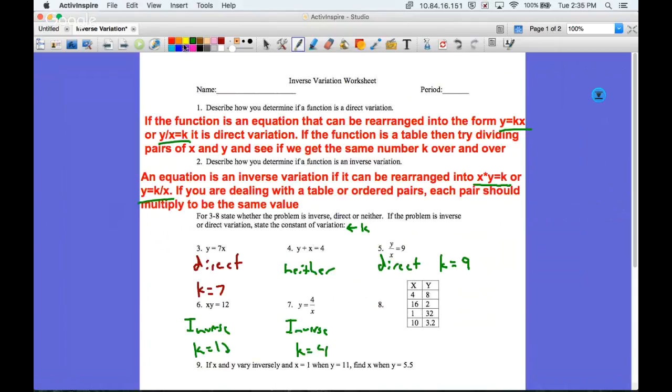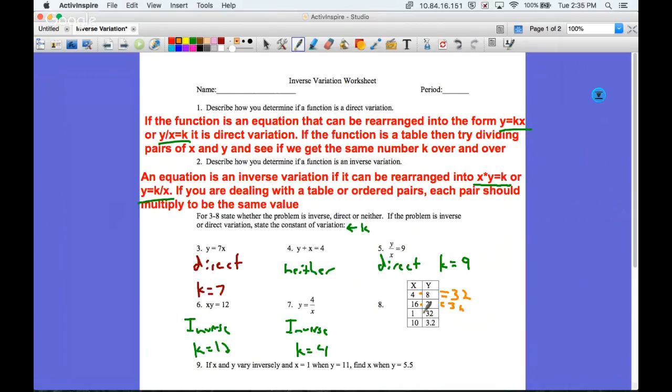And then this one here, this is a table. So it's kind of hard to tell if it's direct or inverse, especially when it's so out of order in both columns. So what we could do is try multiplying, and then if that doesn't work, dividing each pair to see if we get a constant. If I multiply these, I get 32. If I multiply these, I get 32.